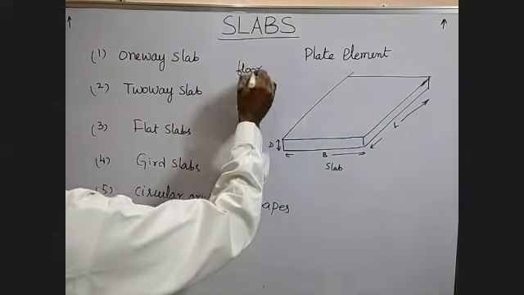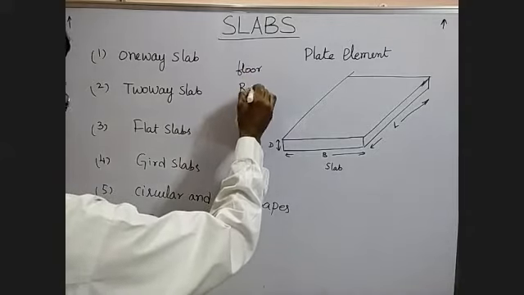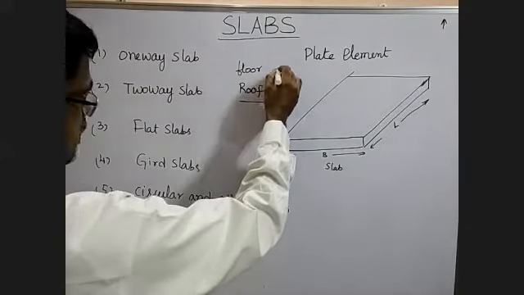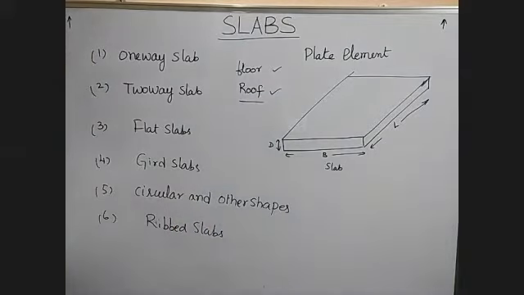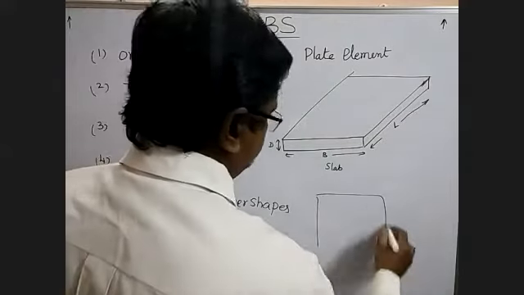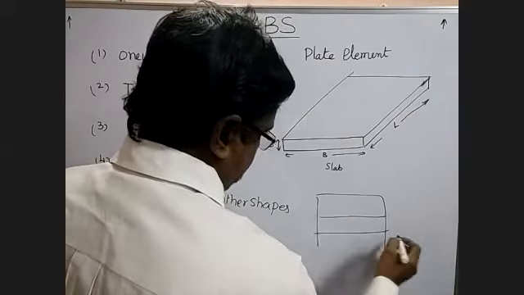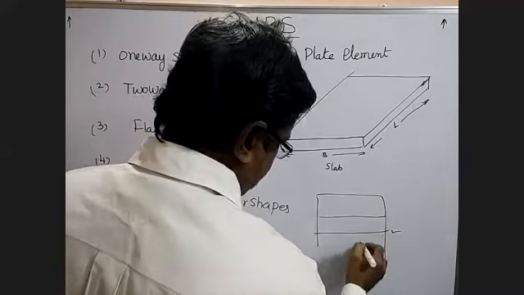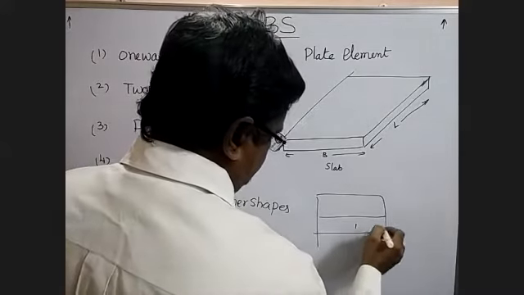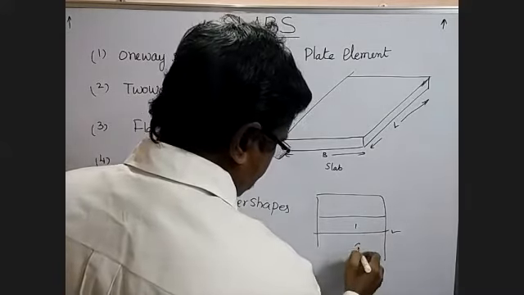Mainly the slab is used for floor or roof of a building. So if you take a multi-story building, this is the floor for the first floor, and this is the roof for the ground floor.